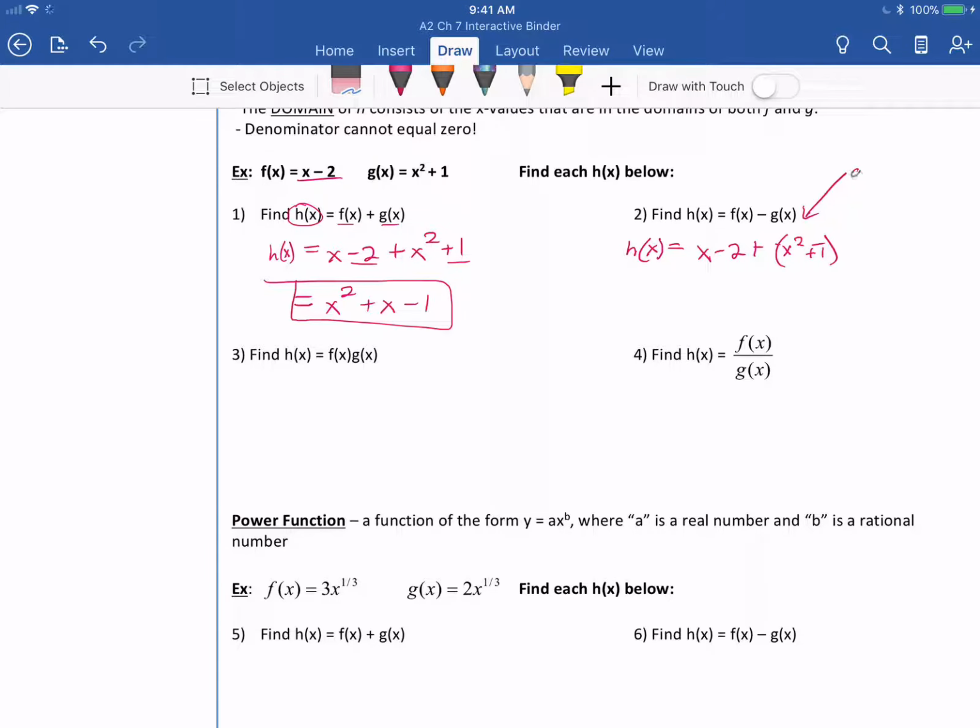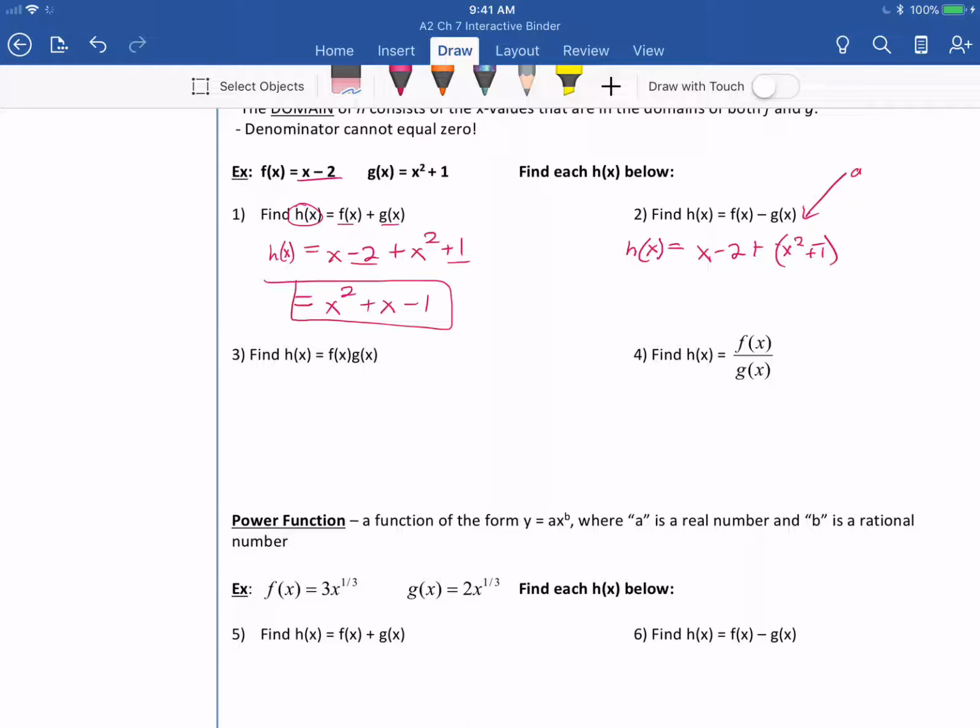So if you want to write a little note there for yourself, add the opposite. So we're going to go through, add the opposite, and then we're just going to combine like terms and add these guys just like we have done before. So I'm going to add the opposite.